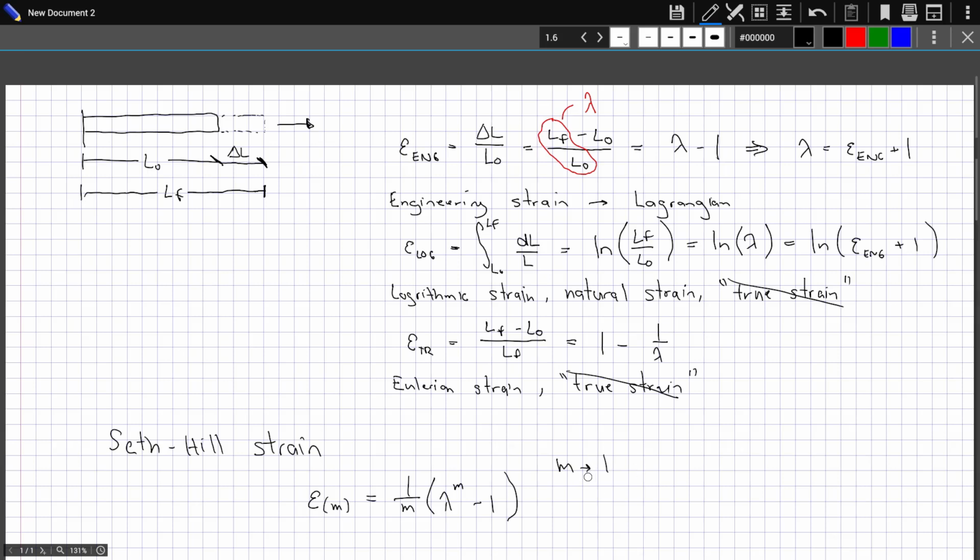If m equals 1, then you get the engineering strain. If m is minus 1, you get the Eulerian strain. And if m is 0, you get the log strain. To evaluate it at m equals 0, you have to take a limit, but it works out to that.